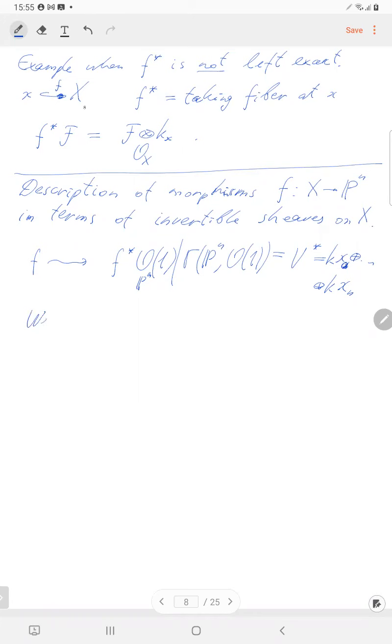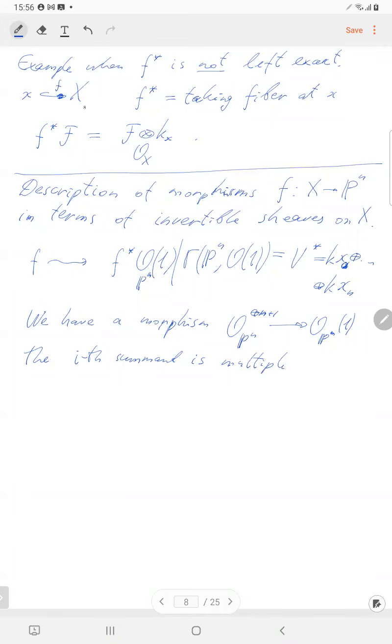So we have a morphism from the trivial line bundle, or the structure sheaf itself, O_{P^n} to the power n plus 1, onto O_{P^n}(1), namely the i-th summand is multiplied by xi, the corresponding coordinate.